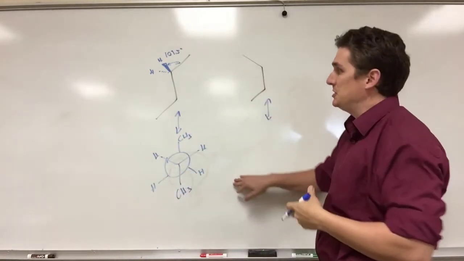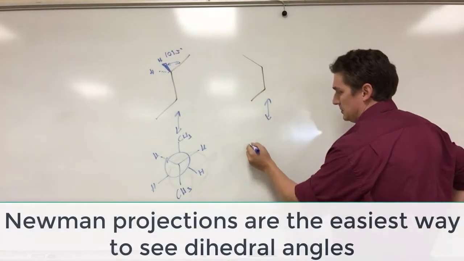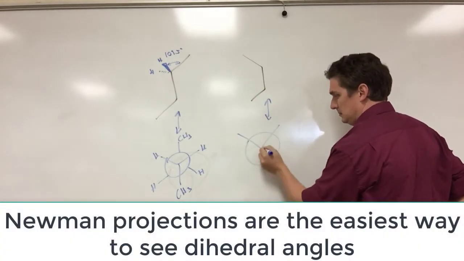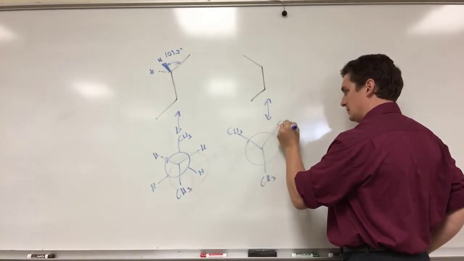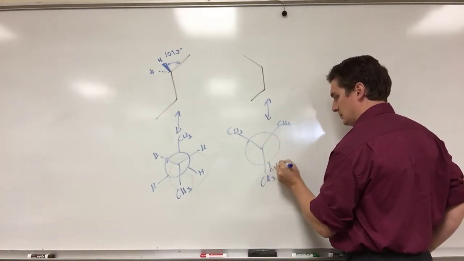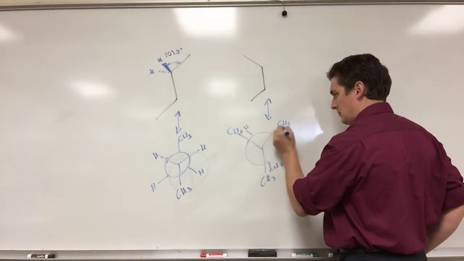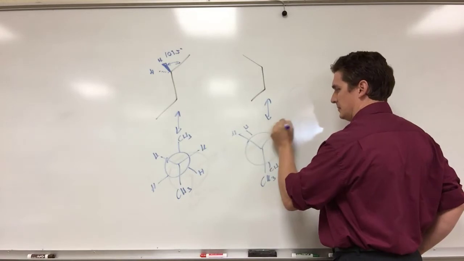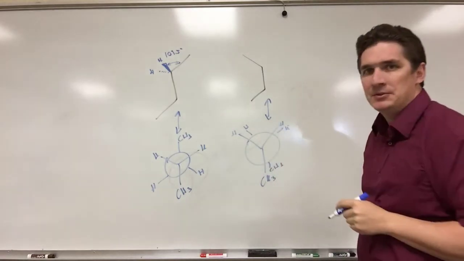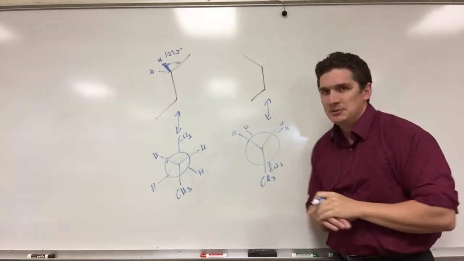This would be our Newman projection looking along this bond. Now if we draw this one, I got a little happy with methyl groups. This would be our Newman projection.